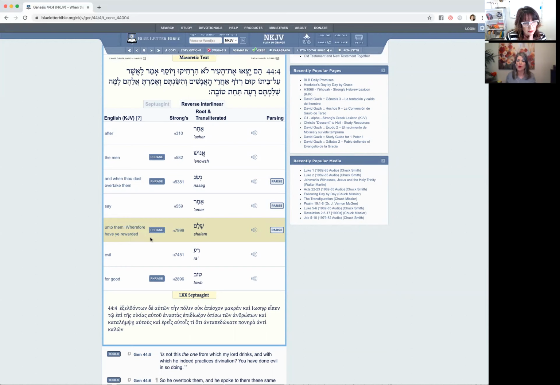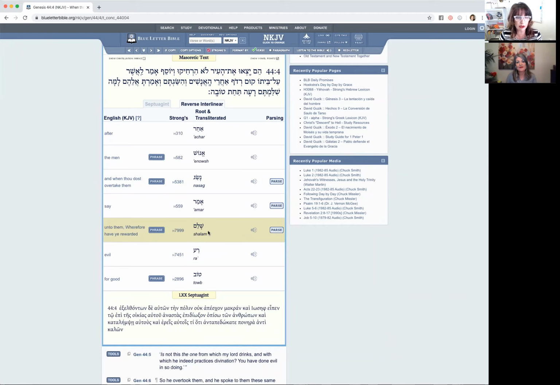So the word is rewarded, but what it's saying is, how have you made that complete? How have you finished that? How have you put together the things that are defragmented and make it complete so that it works? That's really good.